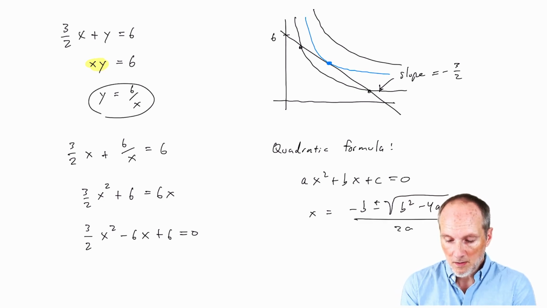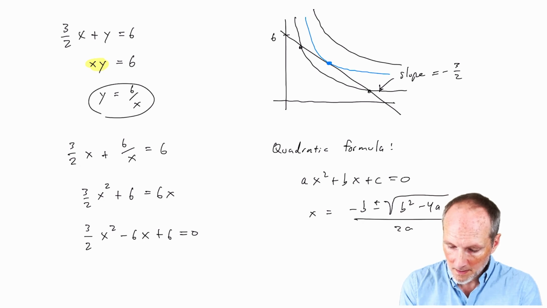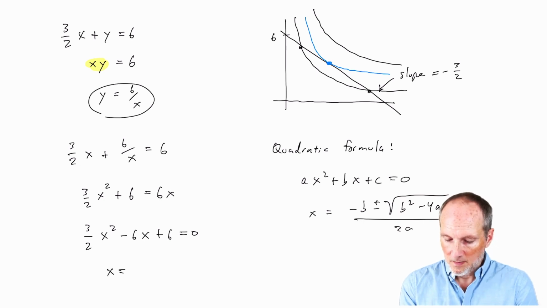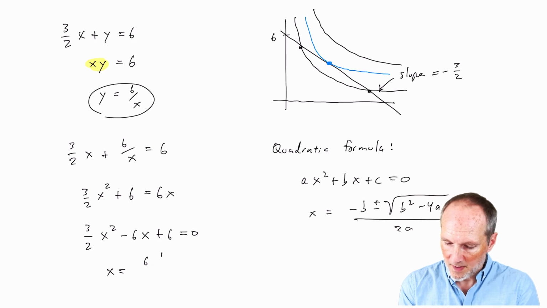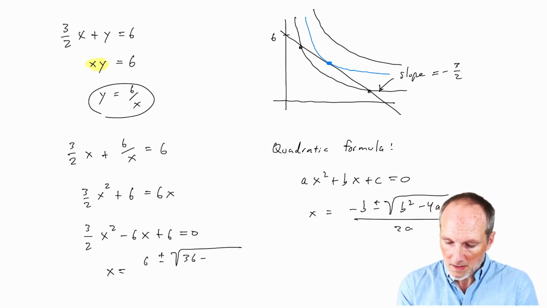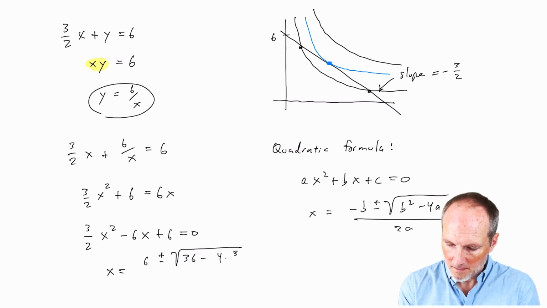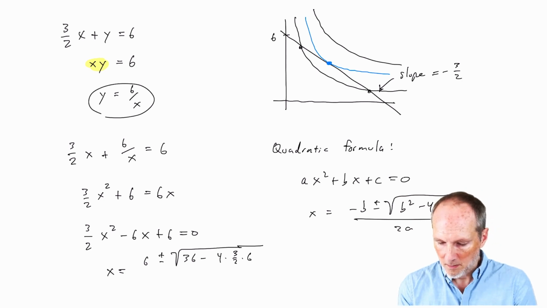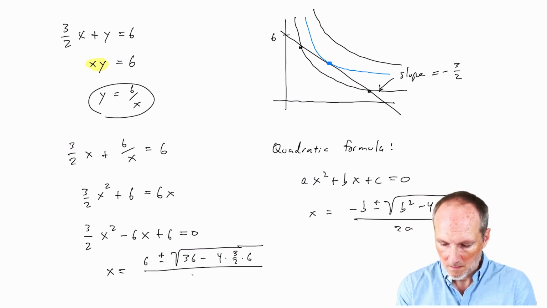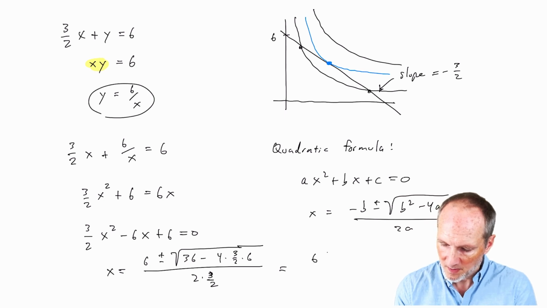So in our example here, x would be equal to negative b, which is 6, plus or minus the square root of b squared, which is 36, minus 4 times a times c, all over 2a.